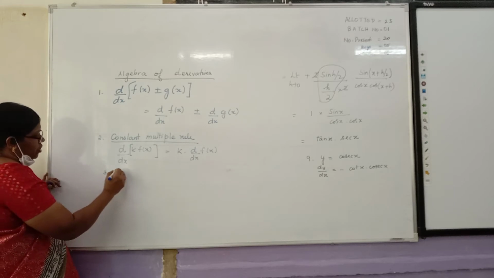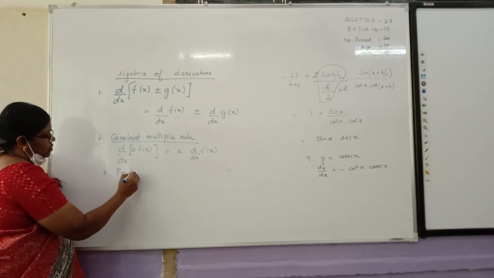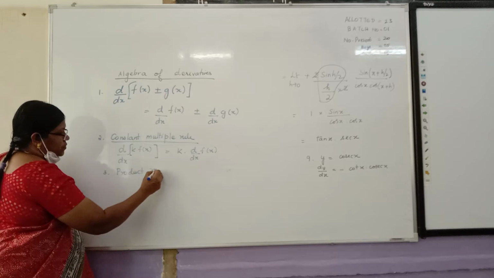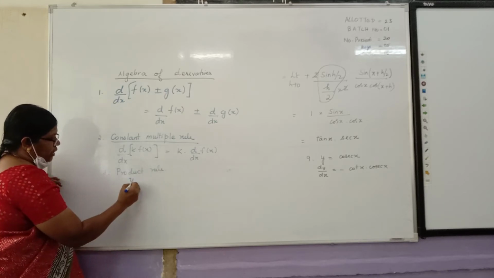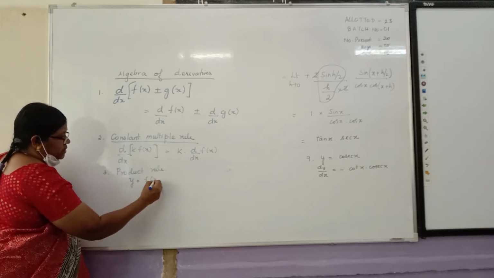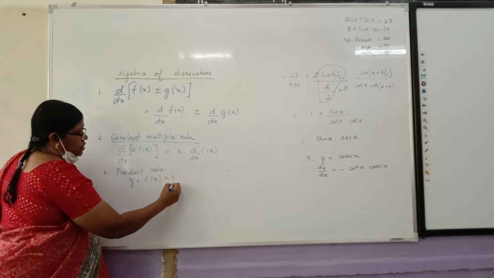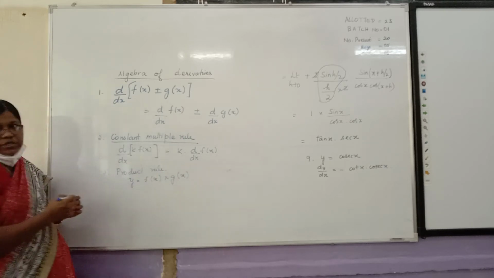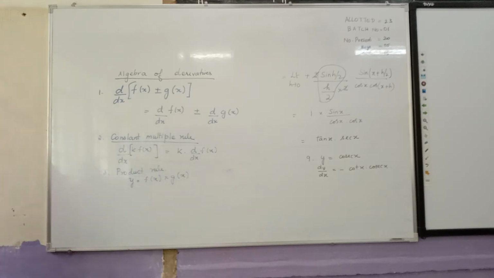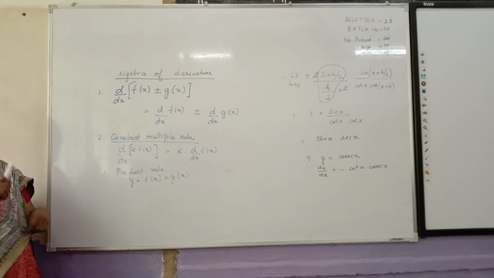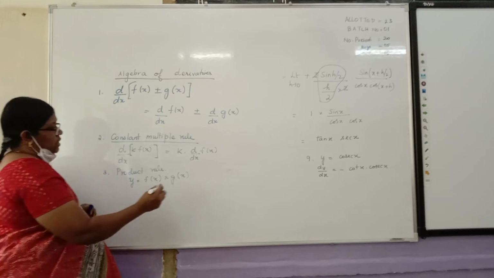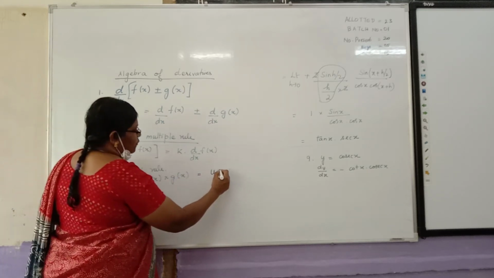Third one, product rule. y equal to f of x into g of x. Both are different functions. Okay. So you should know which are functions. Don't blindly do it; the product must have two functions. Let us take u, v.